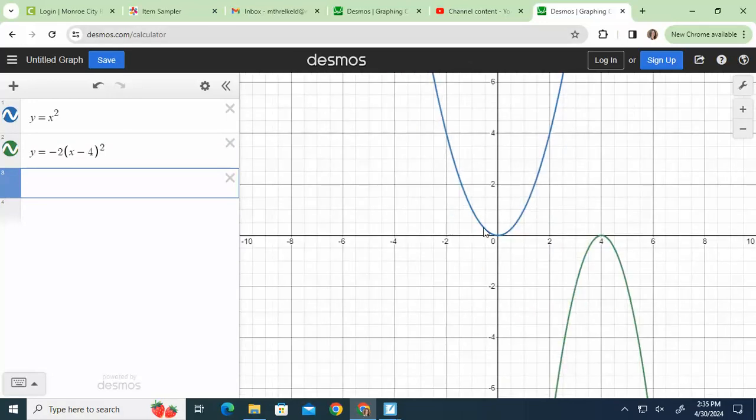So what's the difference? It flipped over the x-axis. It moved to the right 4, that's what the minus 4 did. It flipped, that's what the negative did. Can you guys tell what the 2 did?